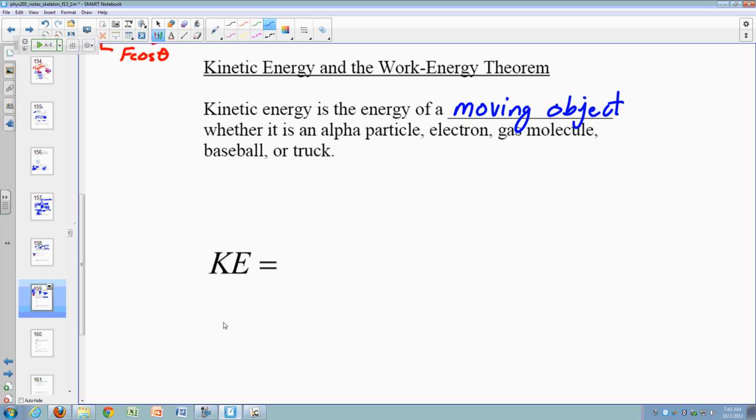Our kinetic energy is just equal to 1/2 mv squared. So it's proportional both to the mass of the particle and the square of the velocity.